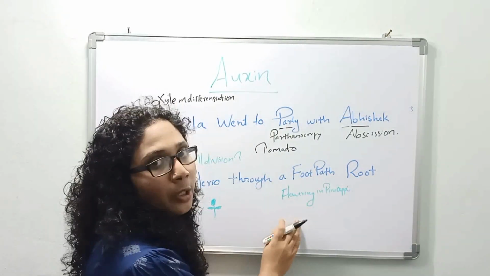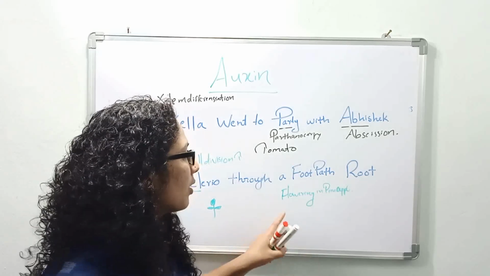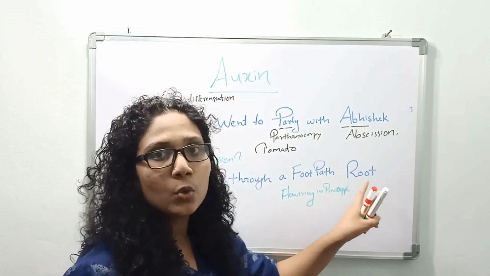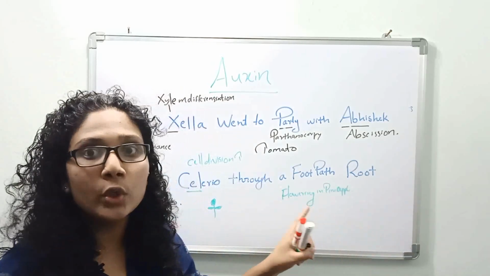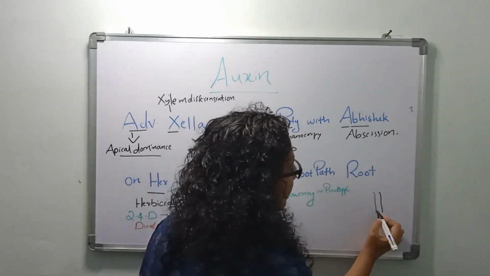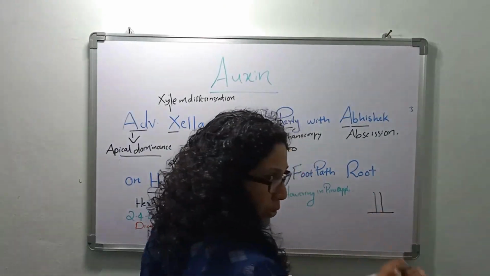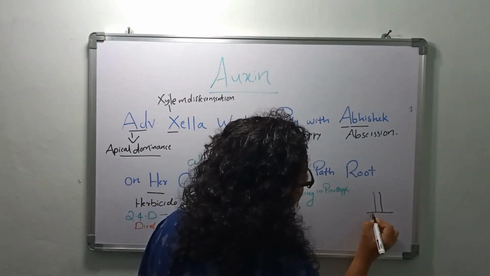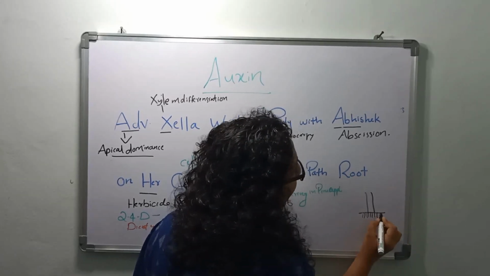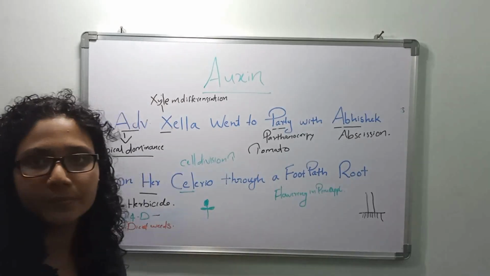This is a very important point from the exam point of view. Auxins help in flowering in pineapple. The last one is root differentiation. Rooting. What is rooting? This is a portion of a cut stem and we dip it into soil. Root formation or root initiation occurs here by the help of auxin.